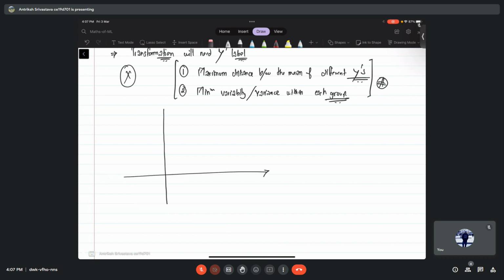We have here, let's say, x1 and x2, and let's say we have some red points and some blue points. So we have labels, right? I am giving them labels when I am giving them two different colors.